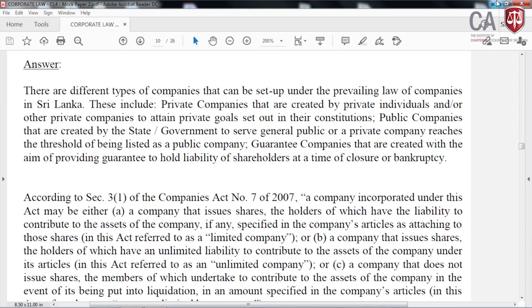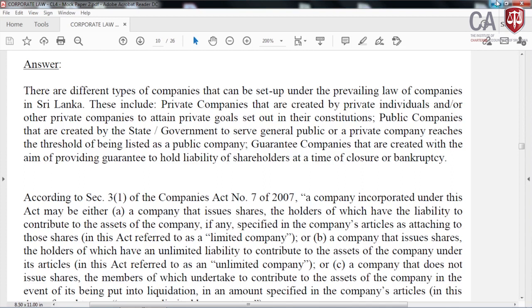So public companies are such that they are either created by the state or the government to serve general public purposes, or a private company that reaches the threshold of being listed as a public company.